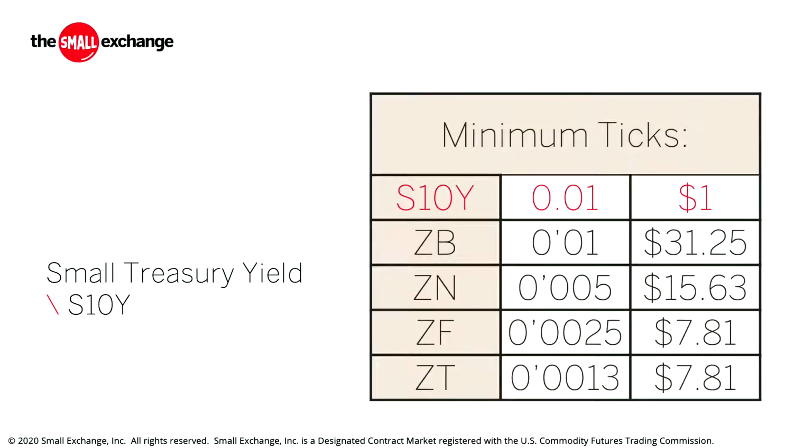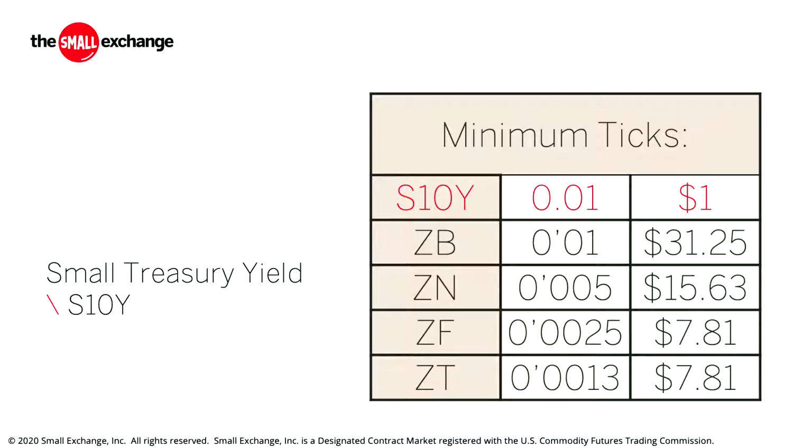You don't know how long it took me to figure out all of these tick increments here for ZB, ZN, ZF, and ZT, where you've got the 1/32 in ZB, and that equates to 31.25. You've got half of a 32nd in ZN, 15.63, a quarter of a 32nd in ZF, 7.81 and a quarter, I believe.